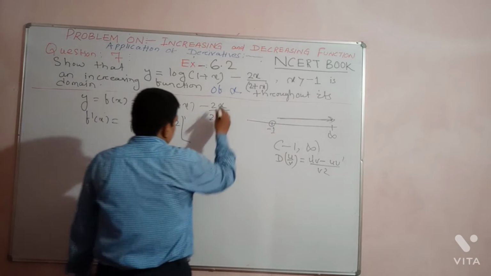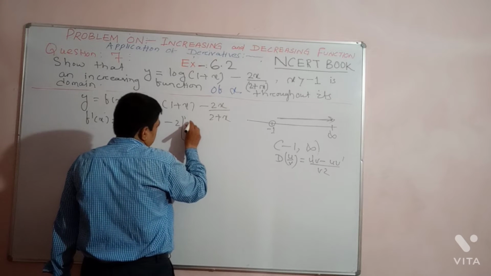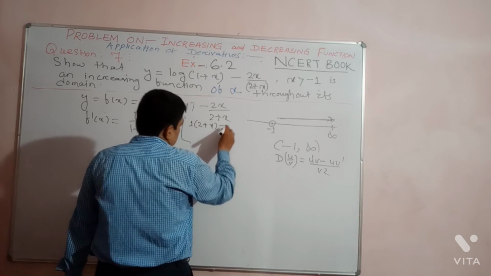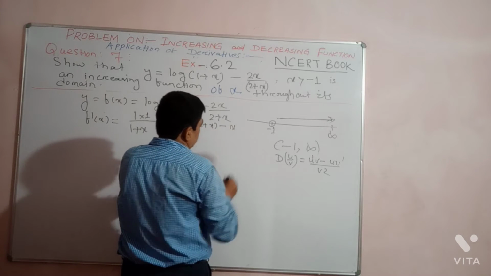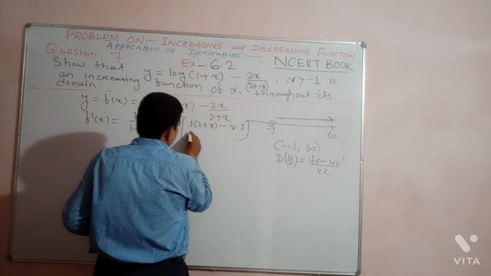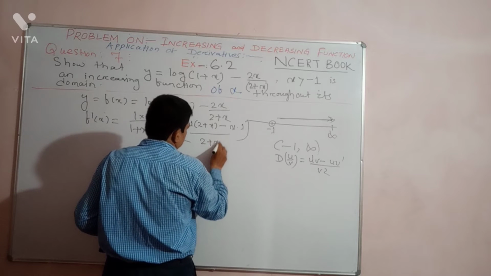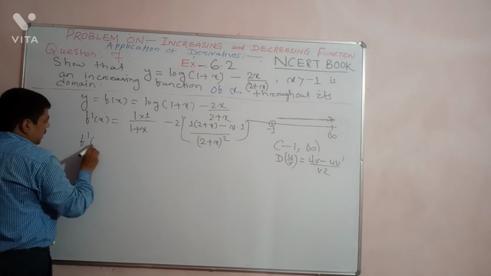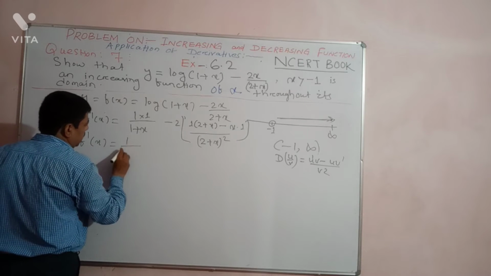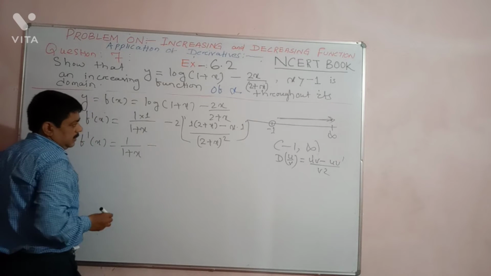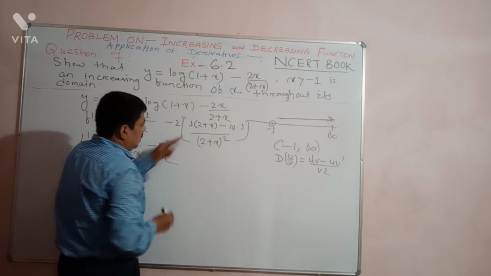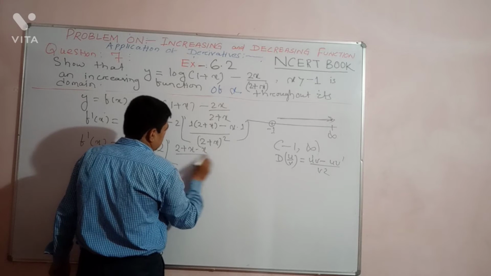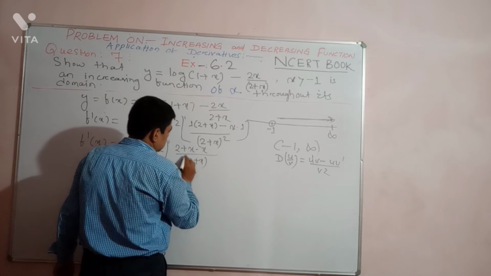Here the derivative of x is 1, into the second function 2 plus x, minus x into the derivative of the second function 2 plus x, which is also 1, divided by 2 plus x whole square. So f dash x is equal to 1 divided by 1 plus x minus 2 times, let us simplify, 2 plus x minus x divided by 2 plus x whole square.